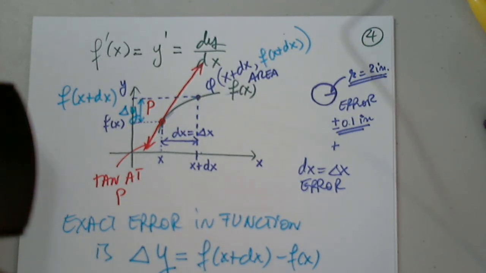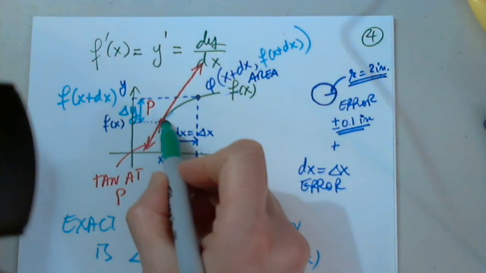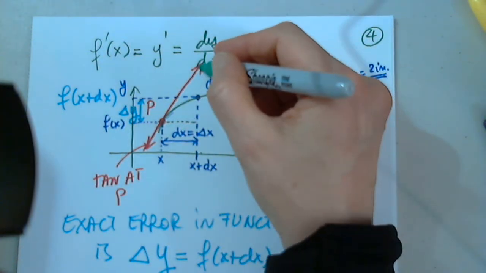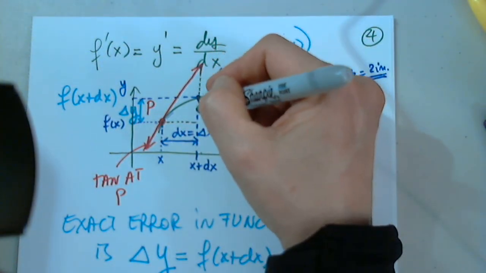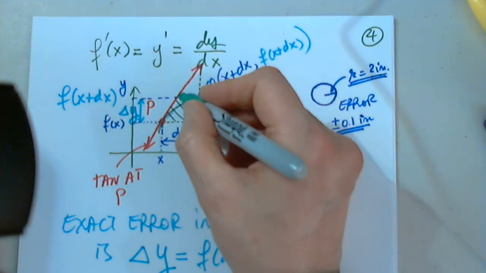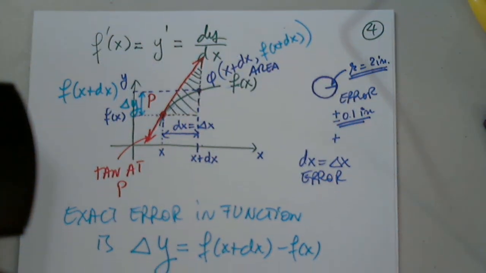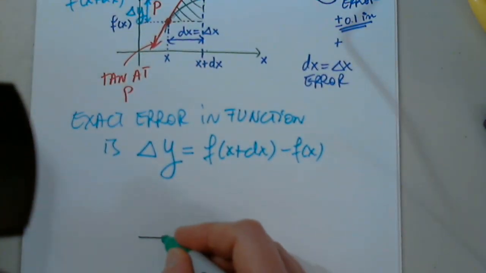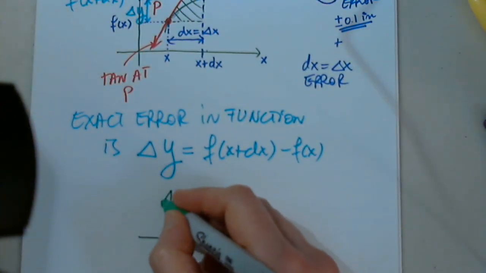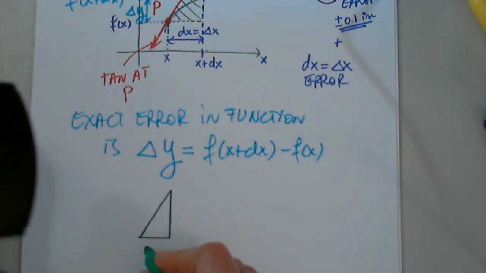Perfect. However, if I extend this line and I extend this line, I create this right triangle. I'm going to remove it from there because it's easier to explain, and then I'll go back. This piece is dx.